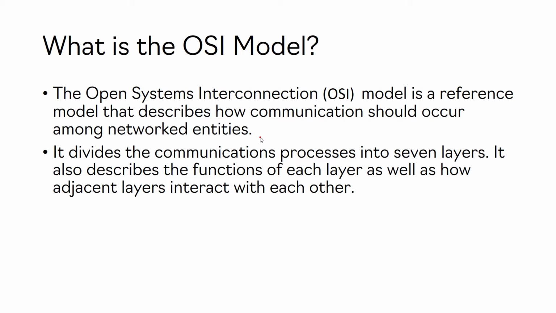And the OSI model divides the communication process into 7 layers. We'll come into that in a short while. And it also describes the function of each layer and how each layer interacts with adjacent layers on the model. So let's quickly get into the 7 layers of the OSI model.